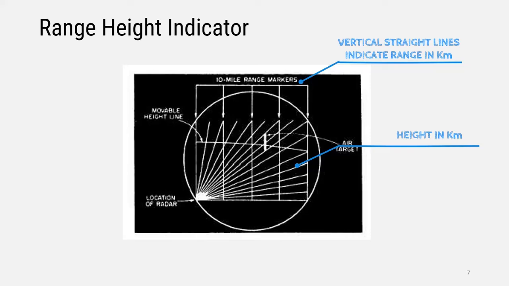Based on these two intersection points, the target's precise position is going to be identified, and this information is going to be displayed in the radar display. So this is all about the range height indicator.